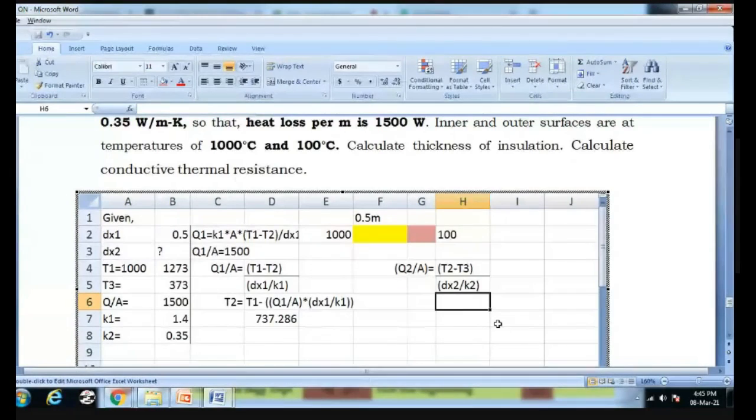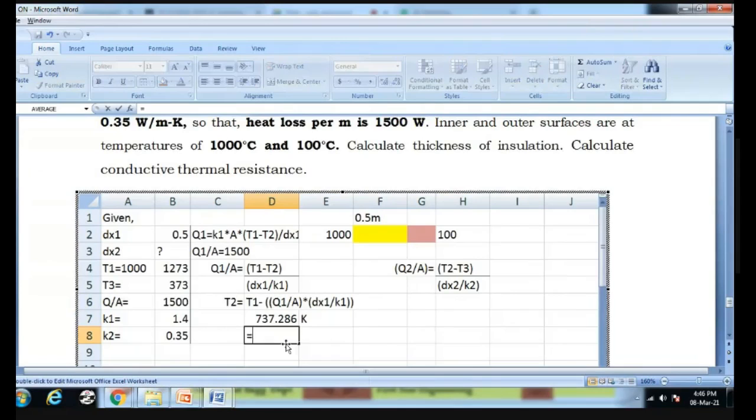Can you solve this or not? This has come in Kelvin. You can have this in minus 273, degrees Celsius also. 464.